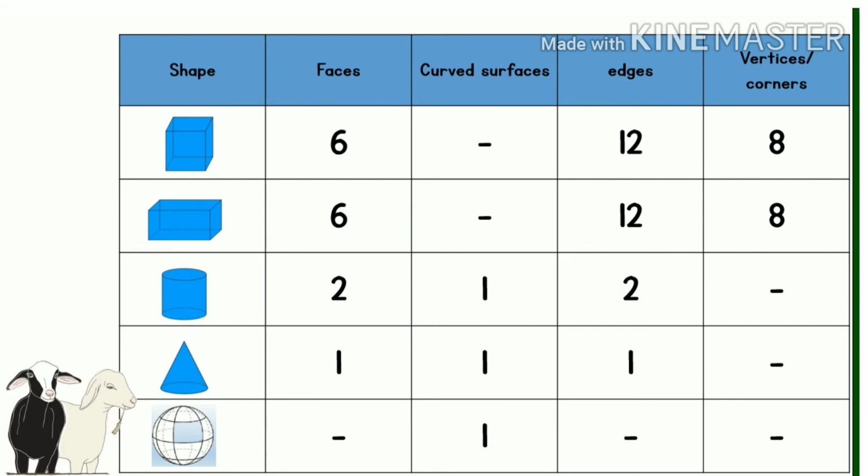And the cylinder and also the cone, we will see they have one curved surface. Why? Because they have a circle among the shape. How about the sphere? The sphere has no faces, no edges, and no corners. So, sphere only has a curved surface.